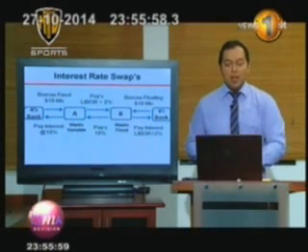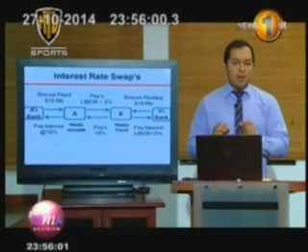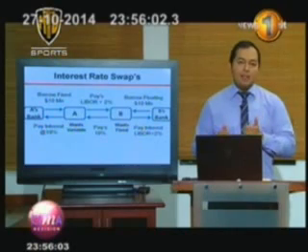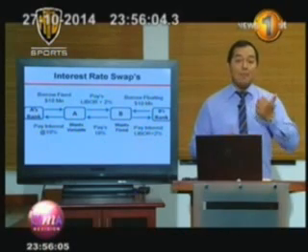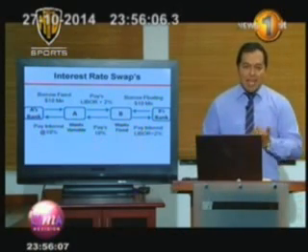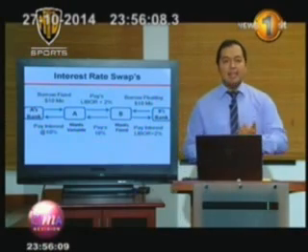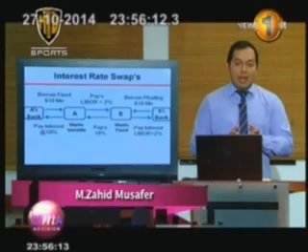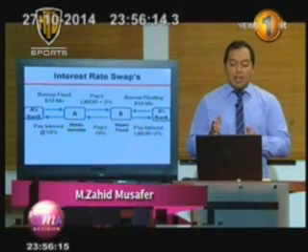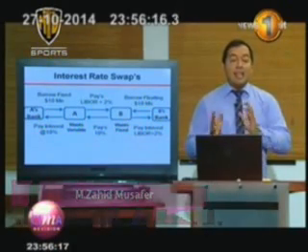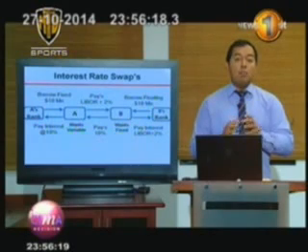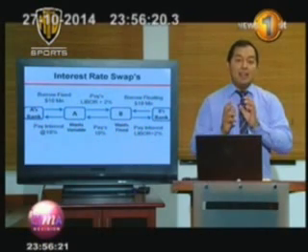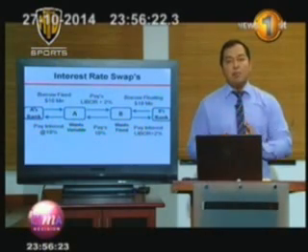What you need to remember in your exam is, number one, the mechanics of the swap, how it works, and number two, given that A could borrow at 10% and B can borrow at 15%, there is a benefit to be gained by both parties. That 5% interest, there is a benefit that could be gained by both parties.